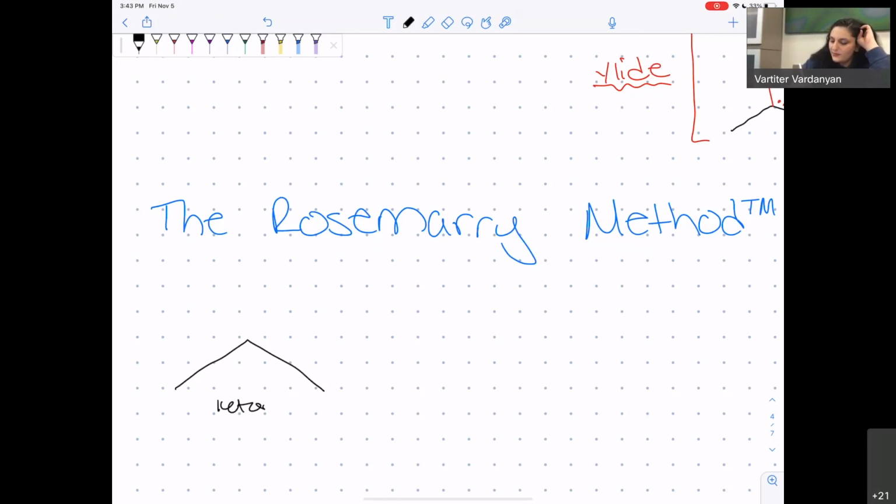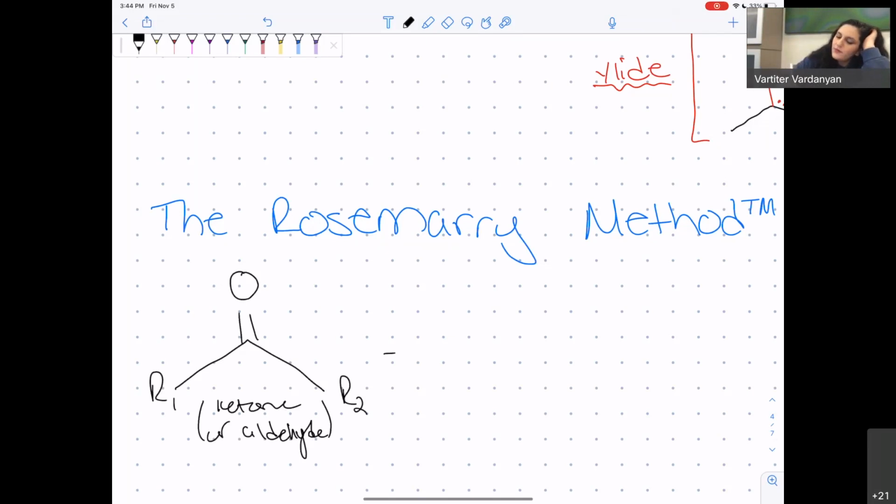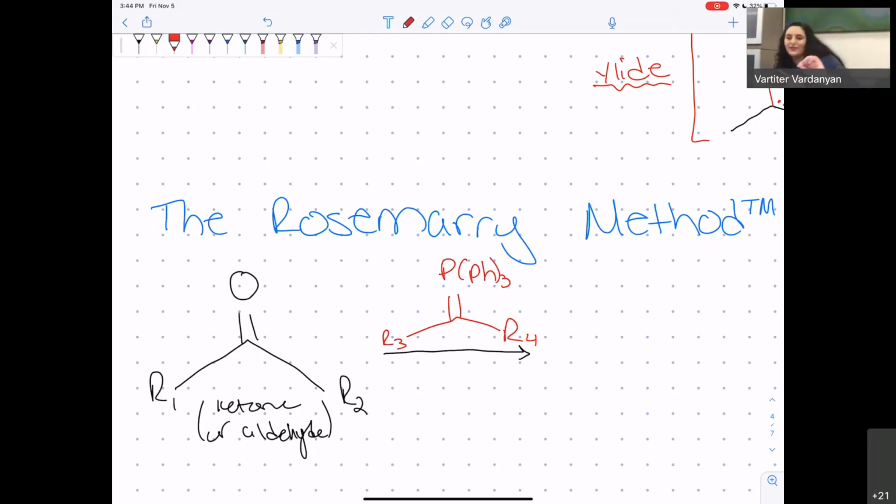So ketone or aldehyde, and we're going to say R1 and R2, and then clearly double bond to O. And then we're going to react it with the ylide. So the ylide, as we just saw, looks something like this, and I'm going to call it R3 and R4. Bam. And then there might be whatever reagent in there. We don't care. Maybe there's acid and base, whatever.